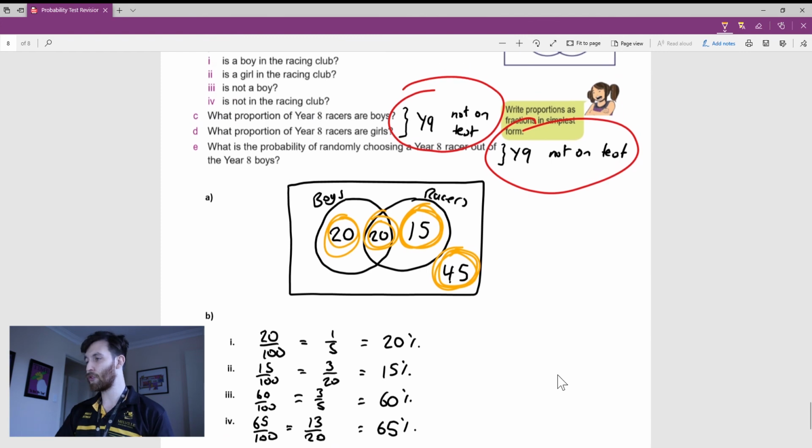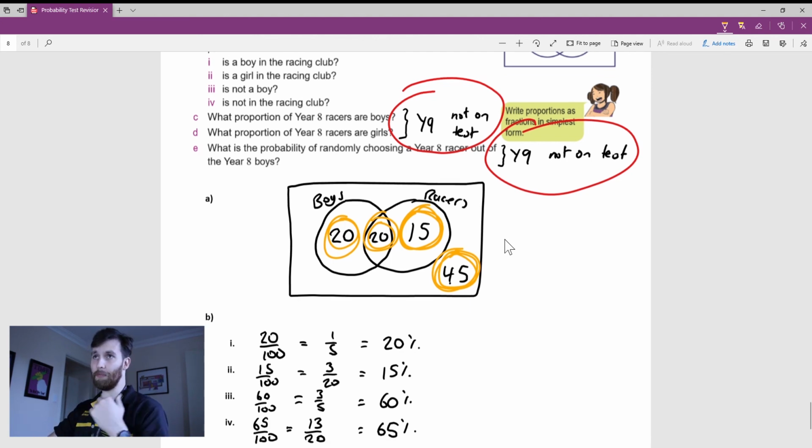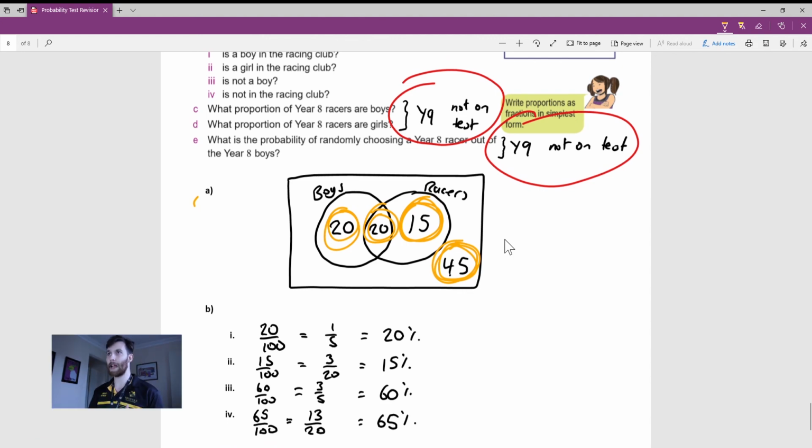And just as a point of interest for some of you, the last 2 questions are actually at that level. They're not going to be on the test because they're using what we call conditional probability. So don't feel that you need to learn this because you'll do this next year and you won't be assessed on it this year. But it's saying what proportion of the year 8 racers are boys.